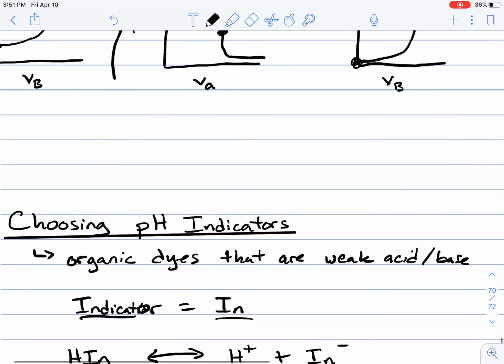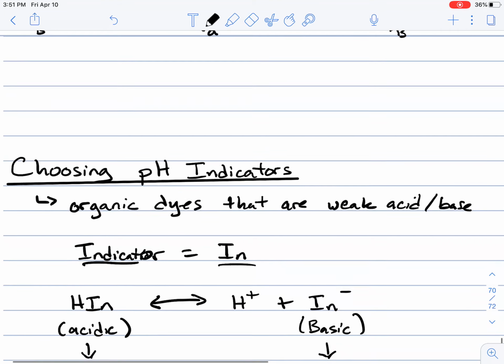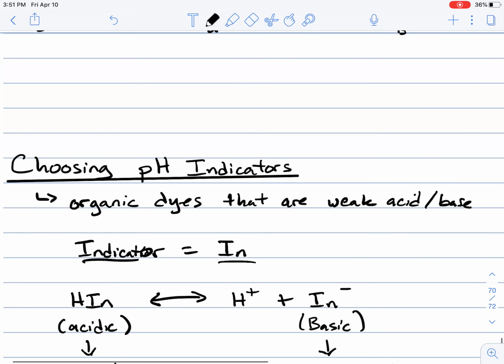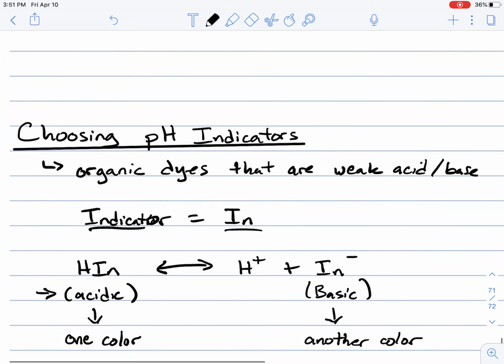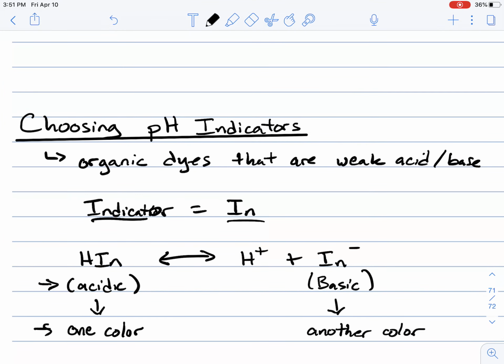And so it turns out that when the indicator is in its acidic form, it's going to produce one type of color, or it can be colorless, right? And if we convert the acidic form of this organic compound into its basic form, it's going to turn into another color, or it's going to turn colorless, or it can go from colorless to color.